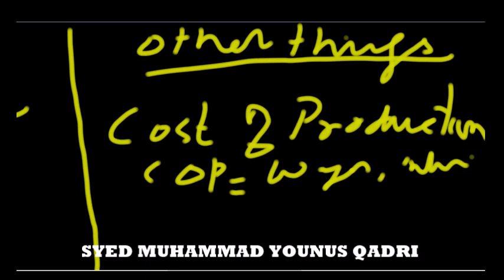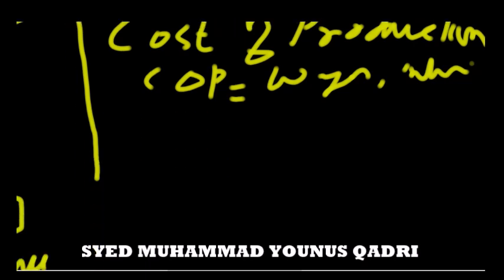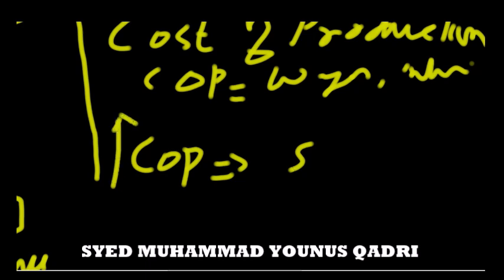Now what are the effects of the other things, that is the cost of production, on supply? If the cost of production increases, supply will decrease.